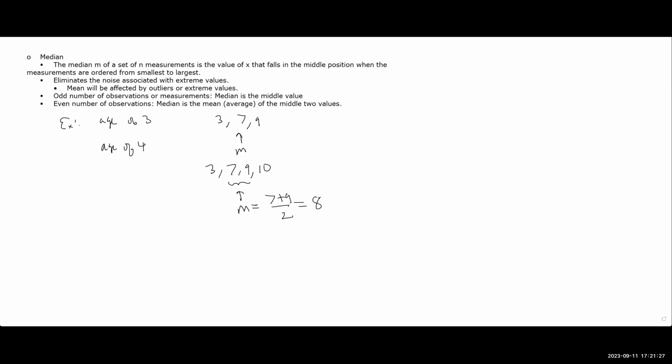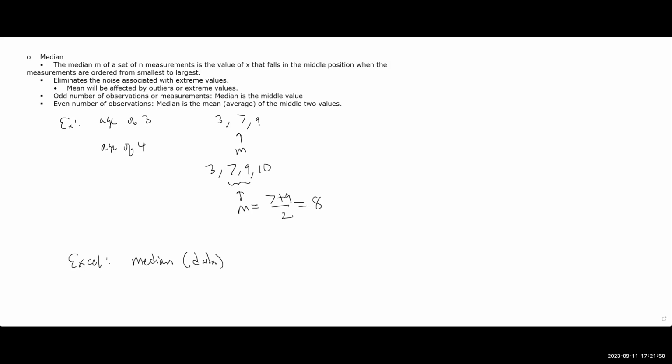That's the median. To calculate the median in Excel, the Excel formula is MEDIAN. Okay. And then you put in the data, and that's it.